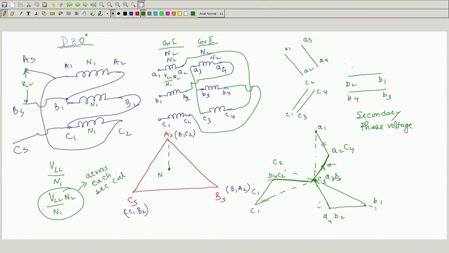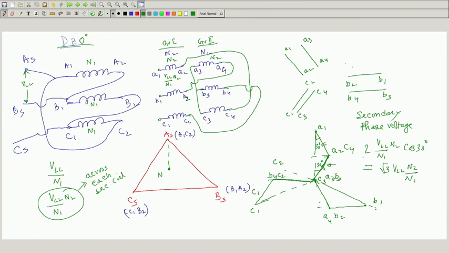Very simple, this is 30 degree, this is 30 degree, and I know this length. Each length is VLL by N1 into N2, cos 30 degree, twice of that, because the projection of this is also the same. So it will come out to be root 3 VLL N2 by N1, root 3 by 2, the 2 cancels out.